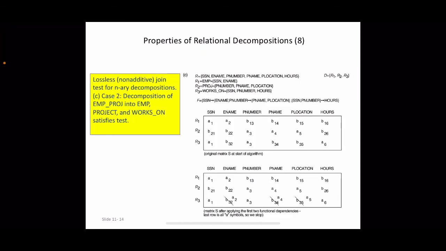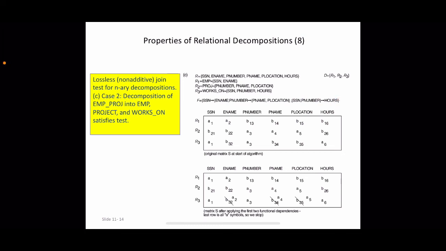So we have a relation with all these attributes SSN, ename, P number, P name, P location and hours, and we have a decomposition D as R1, R2 and R3, where R1 contains SSN and ename, R2 contains P number, P name and P location, and R3 contains SSN, P number, hours. Okay, so this is the decomposition and the functional dependencies are the same. SSN determines ename, P number determines P name and P location, SSN and P number together determine hours. These are the functional dependencies.